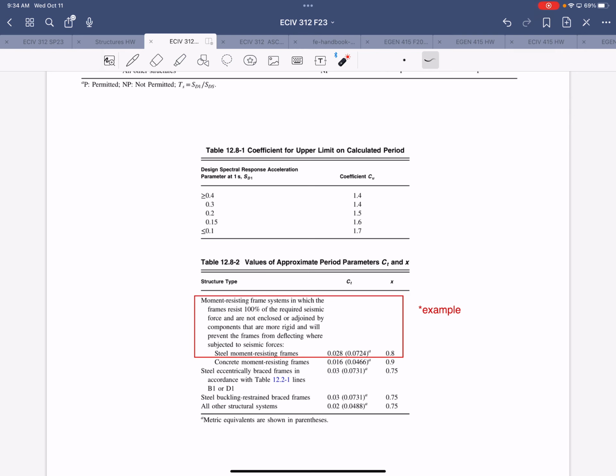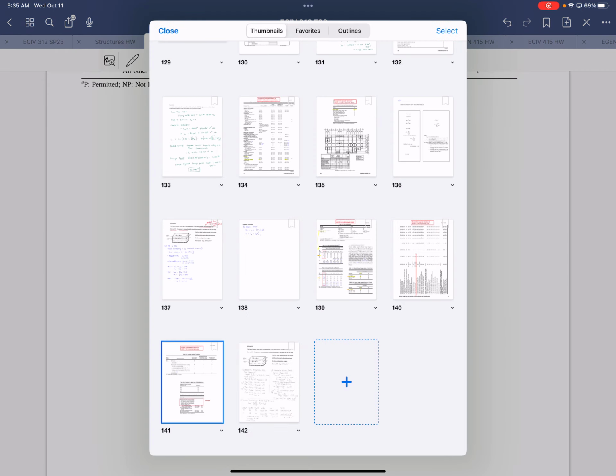Now, if you were the structural engineer of record and you decided to make sure that the moment frame by itself could do that, even though you still have a braced frame, that's up to you, and then you could use this value. But unless that were the case, you would want to use the all other structural systems. In this example, since we only have the moment frame, we're going to use the steel moment frame values.